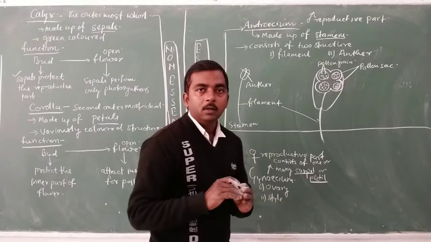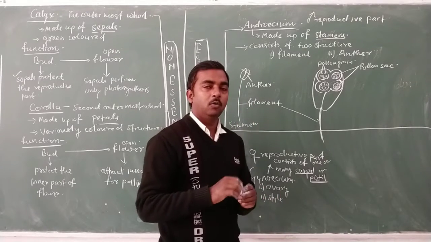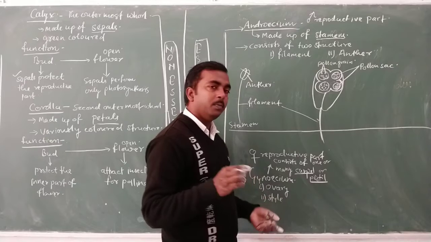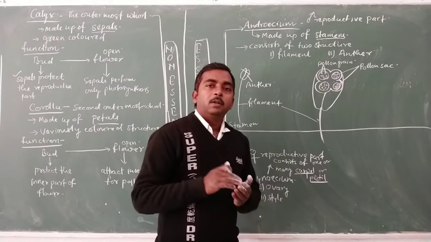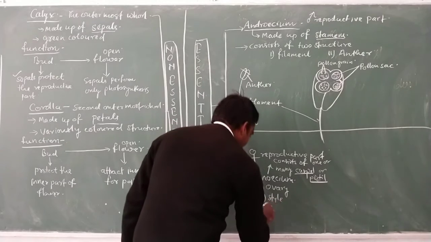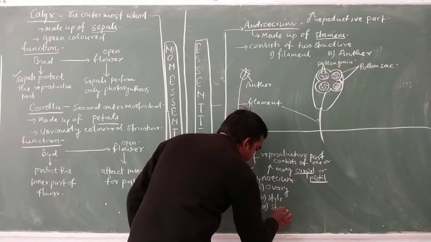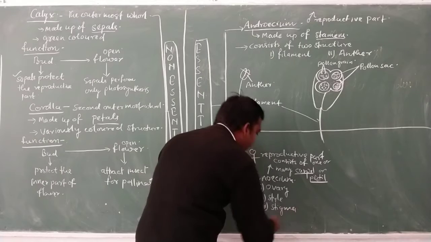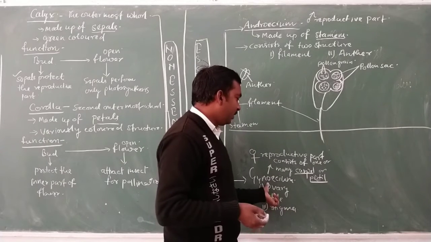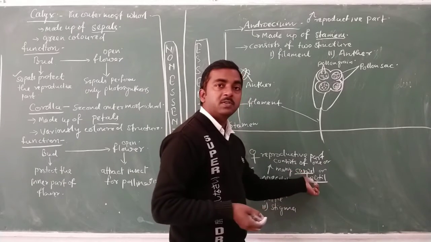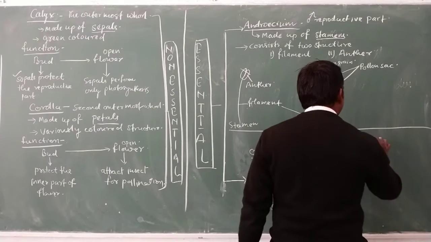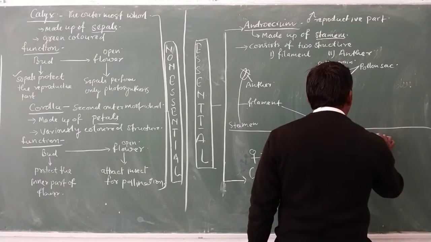Ovary leads to an opening, and that opening is carried by the style. And the third one is the stigma. So these are the three components of the carpel or pistil. We can see here with the help of a diagram.